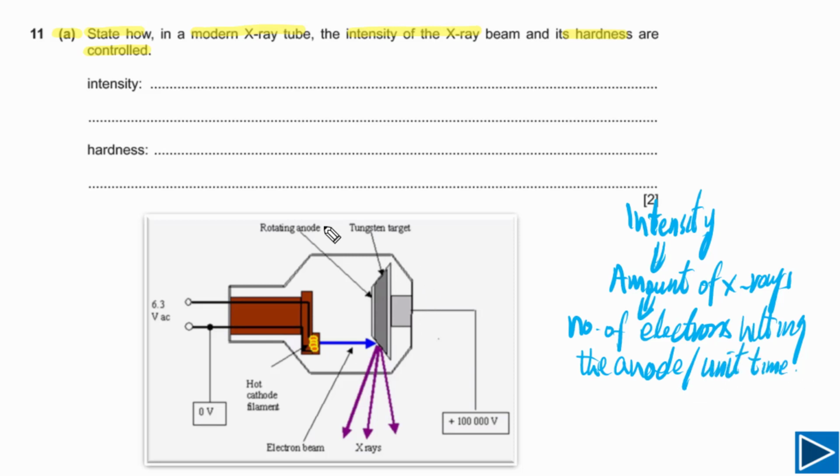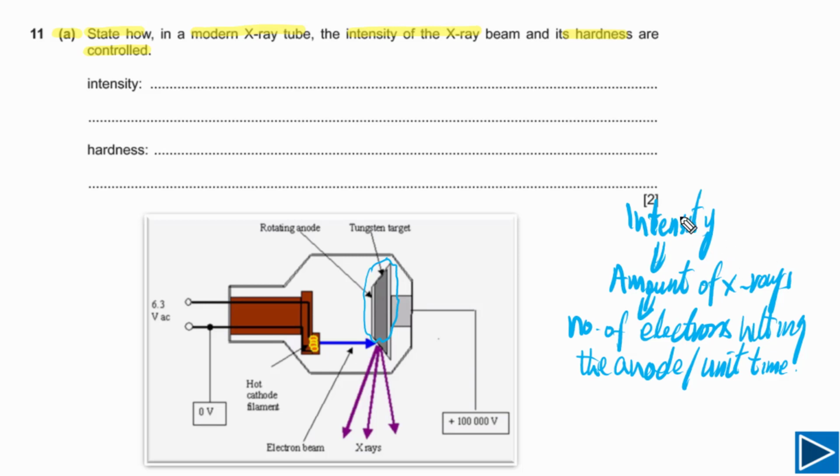Here is our anode. How many electrons are hitting this per unit time? If the number of electrons hitting this anode per unit time is greater, it means intensity is higher. If fewer electrons are hitting this anode per unit time, it means intensity is lower.